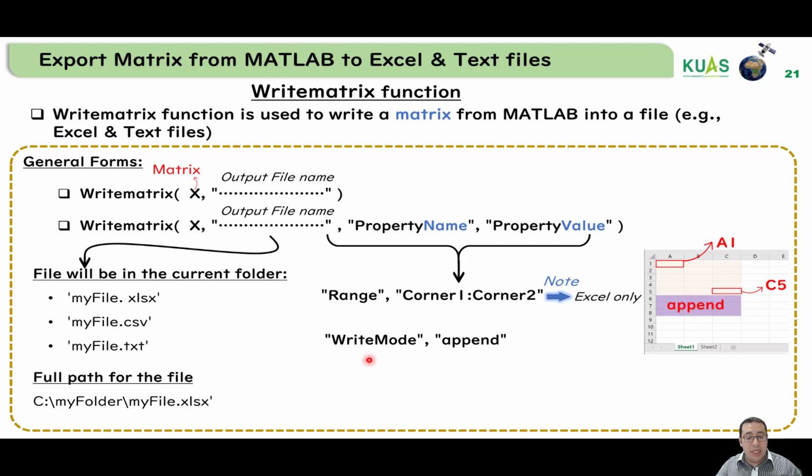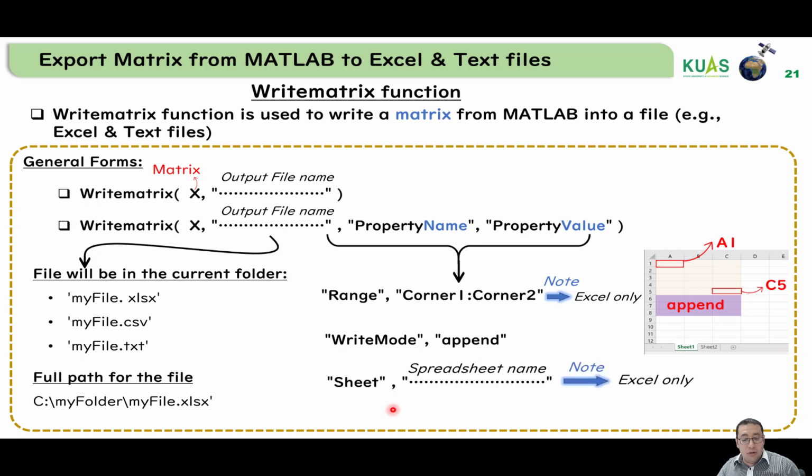Another option is WriteMode with append. This is useful, for example, if this orange data is added to the file, and later you need to add this purple data after the orange data. So we export the first data, and we need to append another matrix to the file. We can do that using WriteMode and then append.